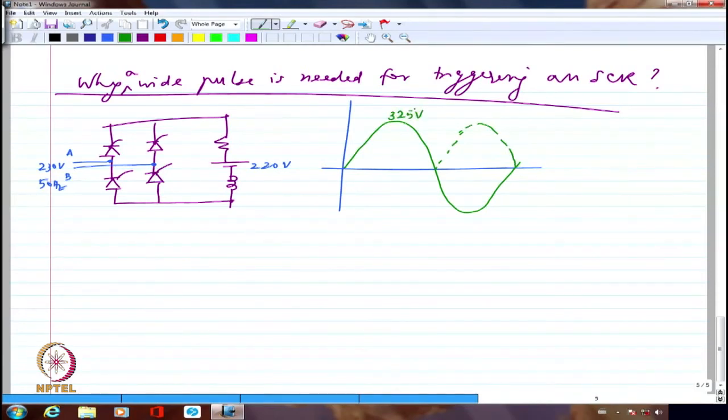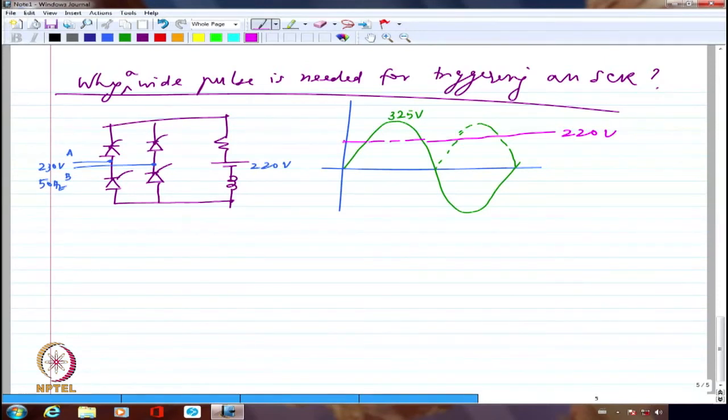So I am talking about 220 volts as the battery voltage, so it may be somewhere here. If I am choosing some alpha which is around 30 degrees, sine of 30 is 0.5, so 325 divided by 2.